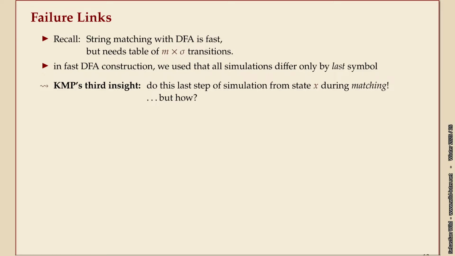And if you carefully remember how we constructed the automaton, it was already suggesting an improvement. Namely, in the simulation we were updating this state X, where you then have to take all the edges from. Why not just keep that state instead of copying all the edges? That's the third insight that they had.